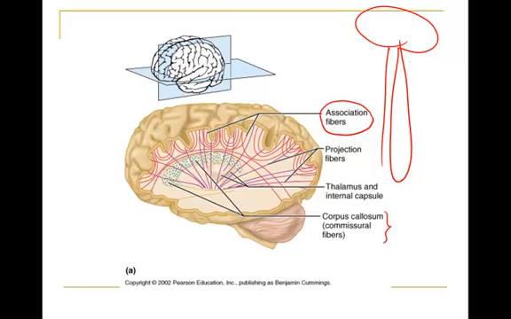So it is the projection tracks that tie in our receptors to our effectors. They're going to go up or they're going to come down to an effector. Projection tracks run vertically and commissural and association tracks run horizontally.